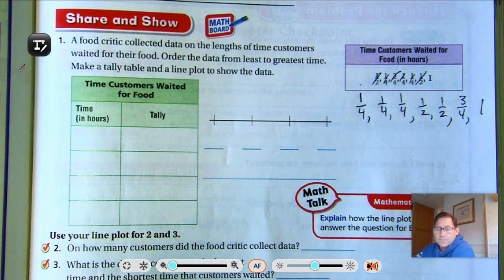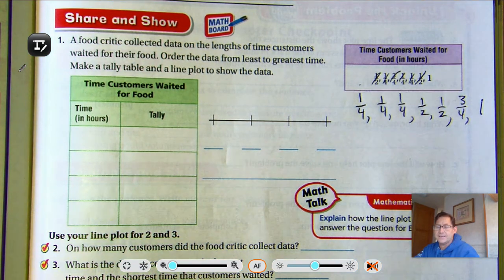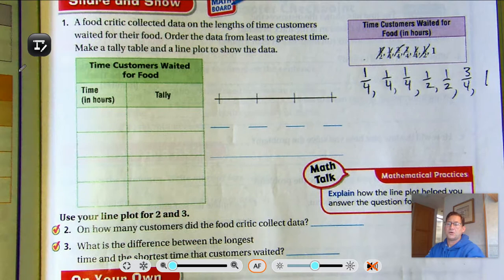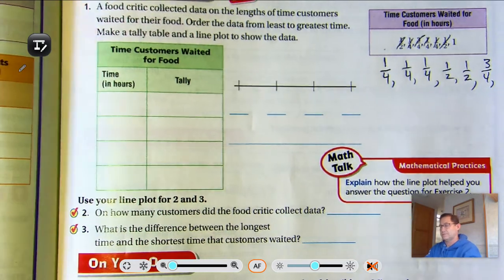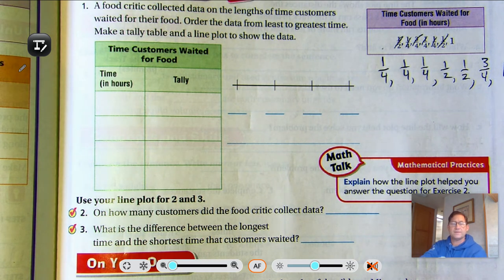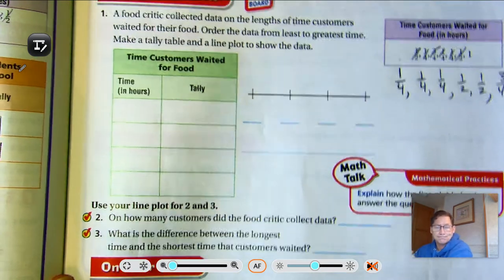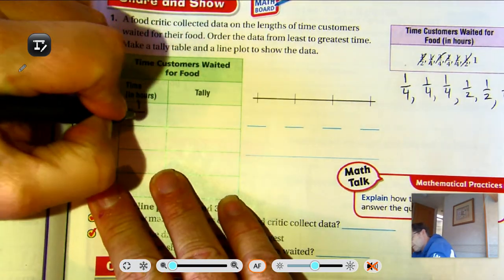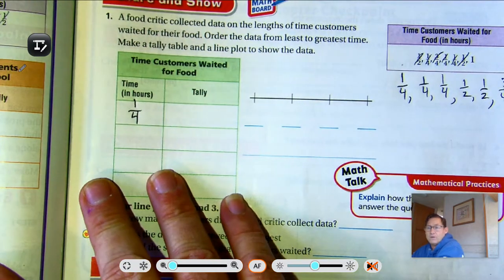Okay, so now let's put these numbers in our tally chart. So we have a total. So our smallest number is 1/4. And how many customers waited 1/4 hour? So we're going to write 1/4 hour.